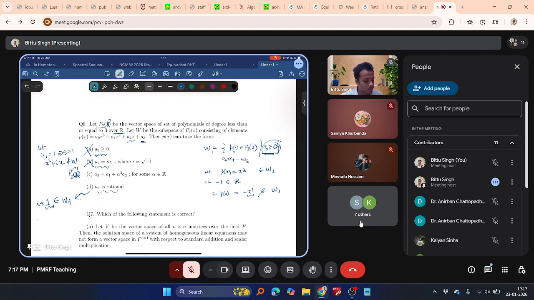But if we multiply by some irrational number, root 2 belongs to real numbers. So if we multiply this vector by root 2, root 2 times v is equal to root 2 x plus root 2. Now we can see that root 2 does not satisfy this condition, so A3 is not rational.